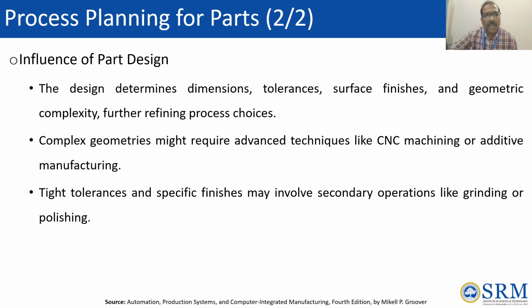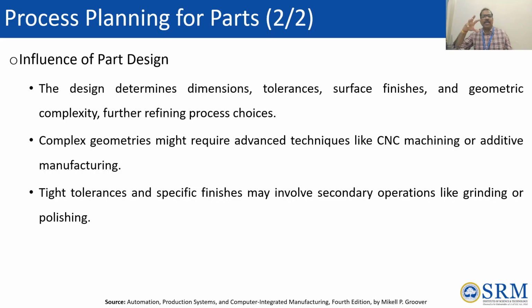So what is the influence of part design? In terms of part design, as I said multiple times, it includes what kind of surface finish we need, the dimensions of the component, meaning the size and shape, what kind of tolerance requirement we need, and whether it has difficult profiles, irregularities, or complicated structures.